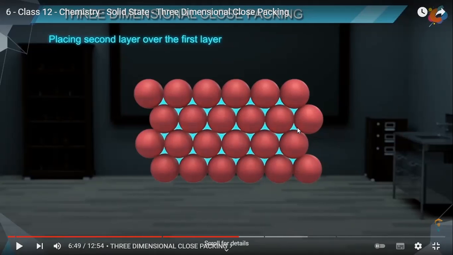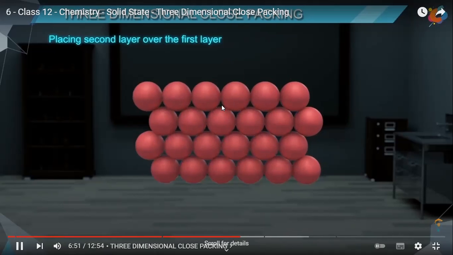Whatever void is forming between the three atoms in a two-dimensional solid is called a triangular void. So if you take this as a two-dimensional arrangement, whatever void is forming between the three atoms, 1, 2, 3, this complete blue color is called a triangular void. Octahedral void and tetrahedral void are possible in three dimensions. Triangular void is possible in the two-dimensional way.